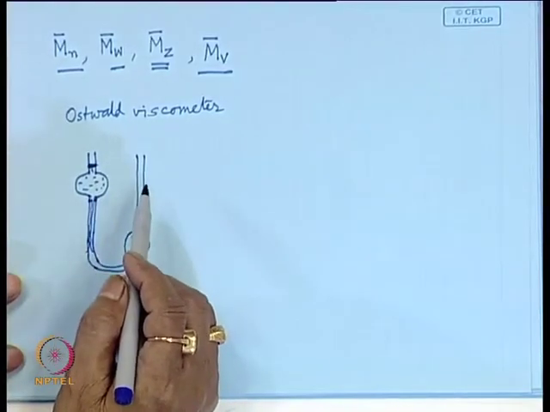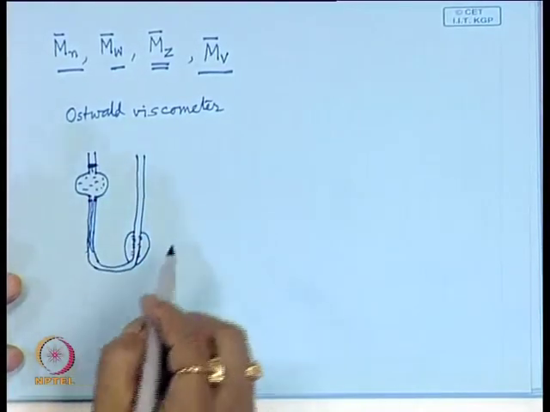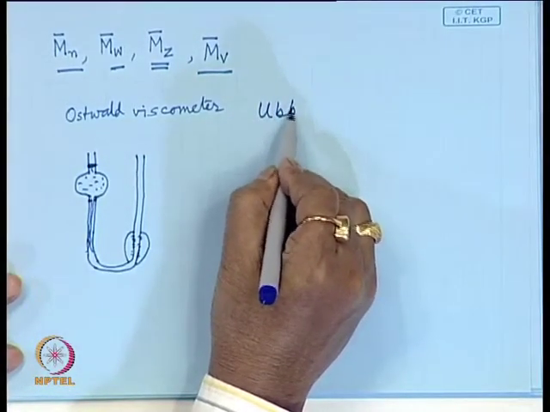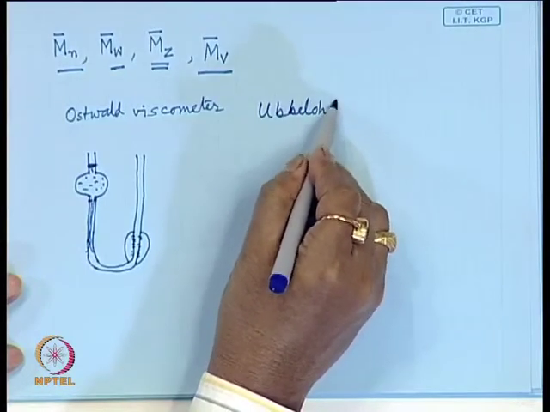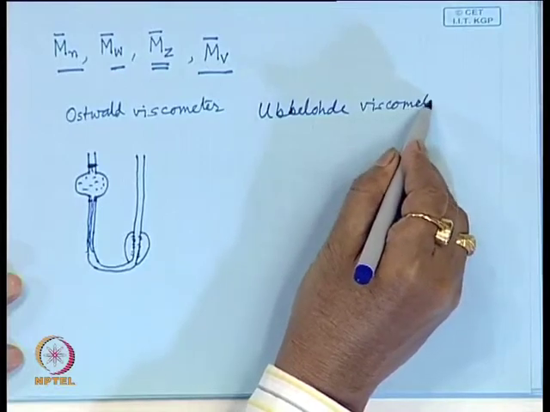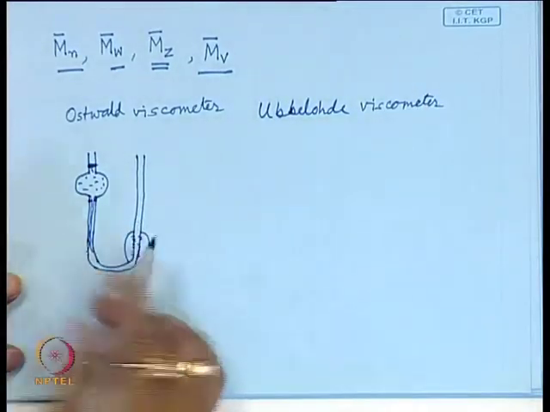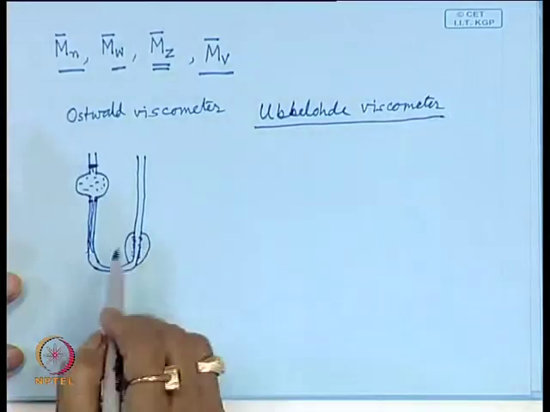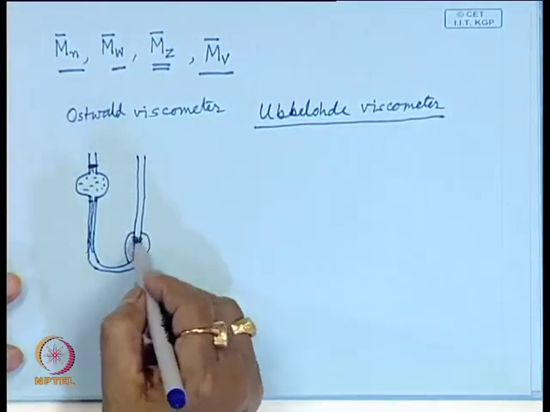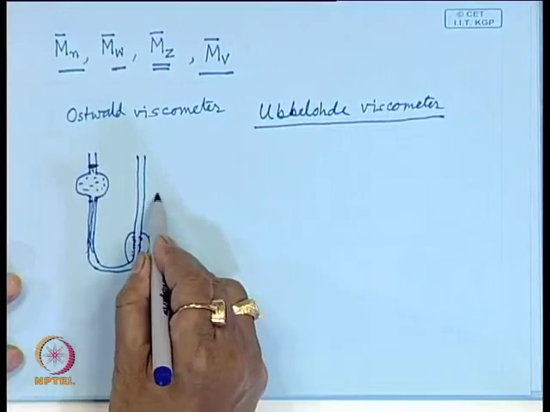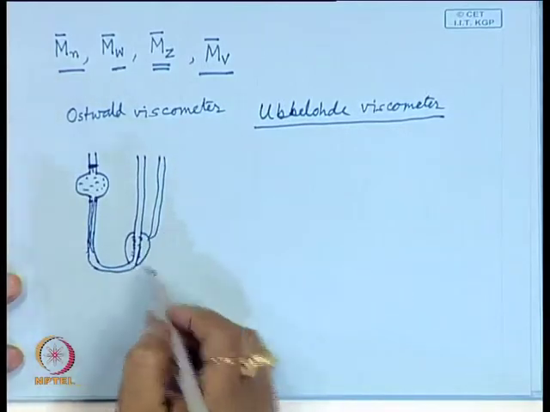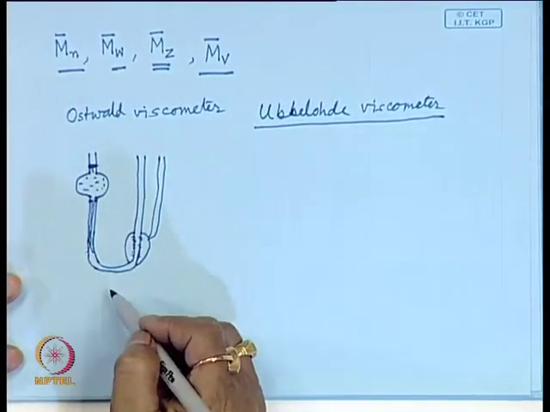But for polymers, another viscometer is used, that is known as the Ubbelohde viscometer. Now, in this viscometer, there is a provision for dilution within this bulb, which has another limb over here. You can see this diagram of this viscometer given in textbooks.